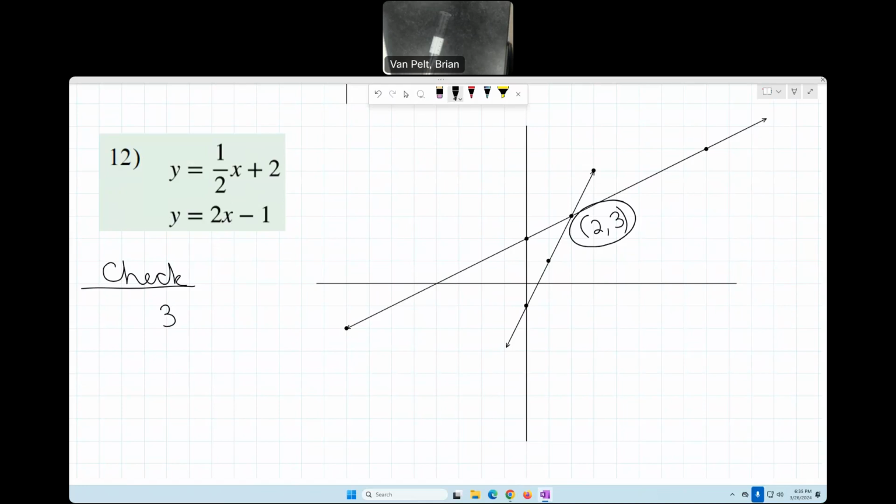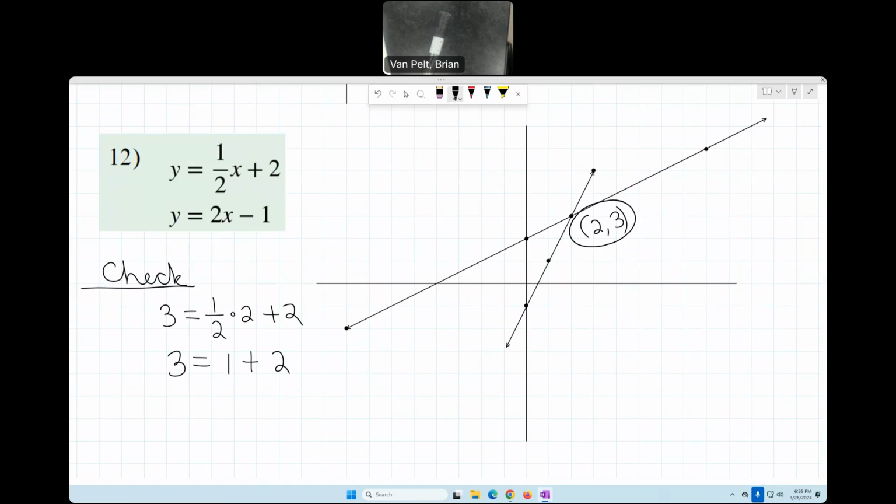That's Y equal to 1/2 X plus 2. You don't have to go all the way here, just enough till you're certain it's going to check out. You'll notice what's half of 2? 1. So we get 3 equals 1 plus 2. Is that true? So the first one checks.